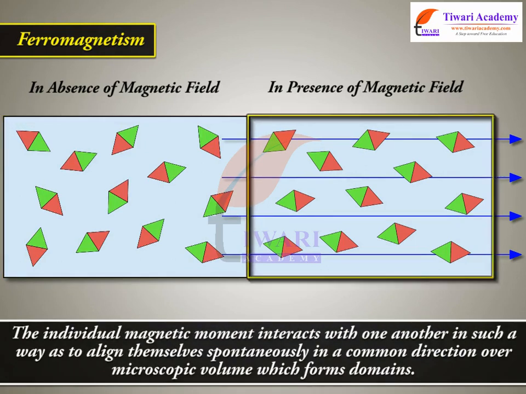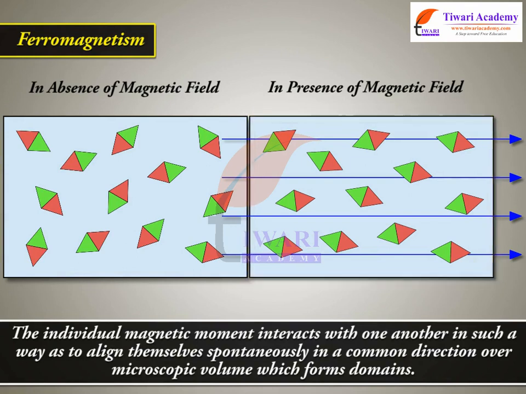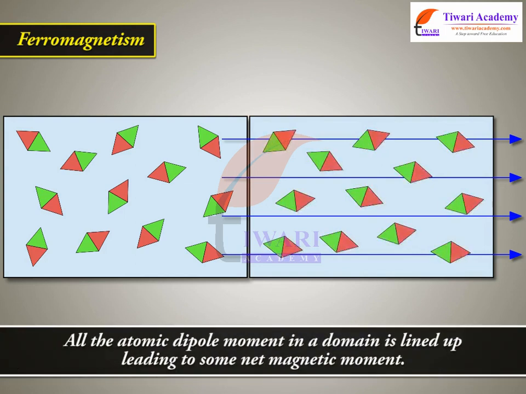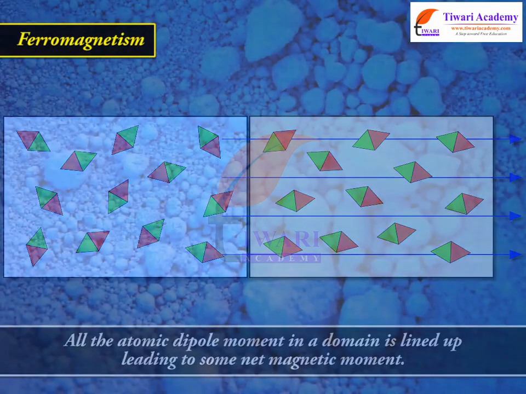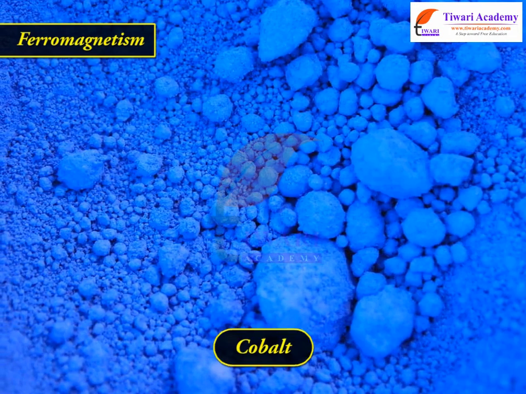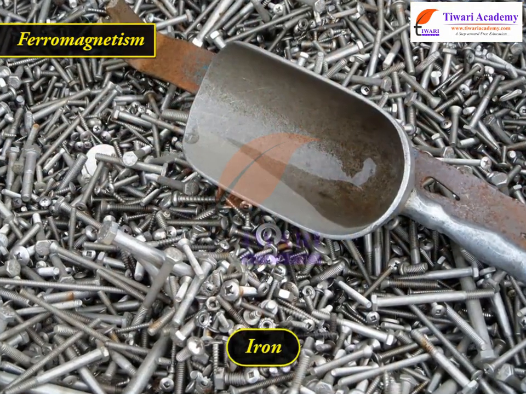The individual magnetic moments interact with one another in such a way as to align themselves spontaneously in a common direction over microscopic volume, which forms domains. All the atomic dipole moments in a domain are lined up, leading to some net magnetic moment. For example, cobalt, iron, etc.